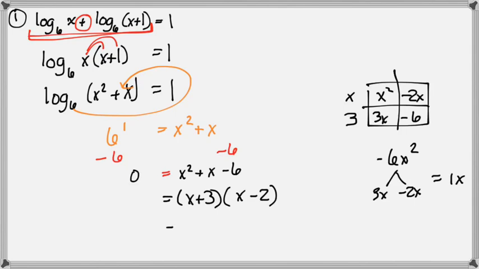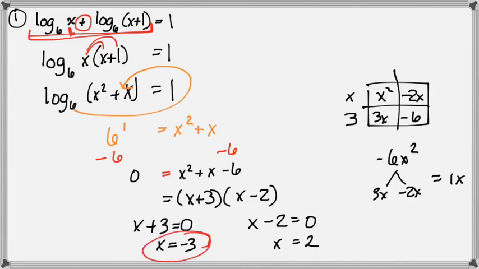Now we're going to set each of those equal to 0, and so x is equal to negative 3. x minus 2 is equal to 0, x is equal to 2. When I go back and look at my logarithm, if I plug in the negative 3, I'm going to end up with extraneous. So that doesn't work. The only answer is going to be x equals 2.